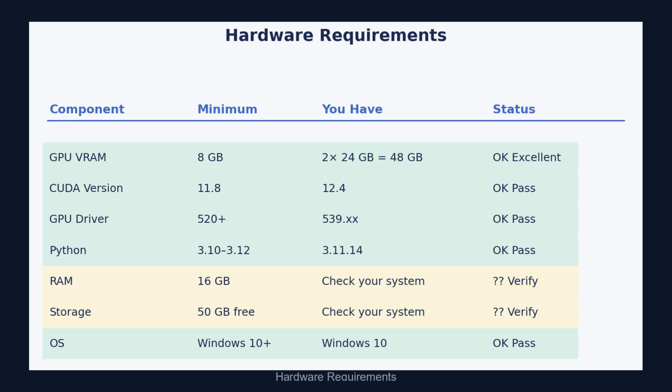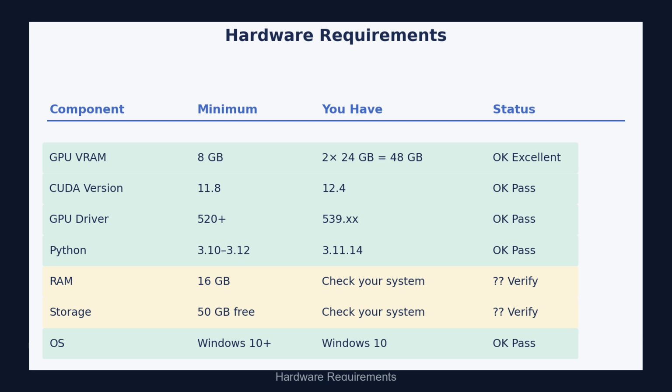This table shows the hardware requirements alongside your actual specs. The minimum GPU VRAM is 8 gigabytes. You have 48 gigabytes across 2 cards, which is 6 times the minimum. The minimum CUDA version is 11.8. You have 12.4. The minimum driver version is 520. You have 539.